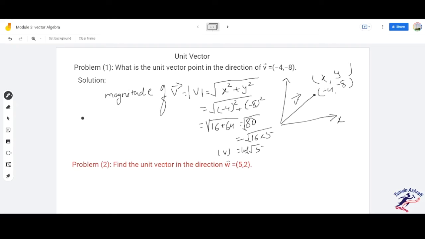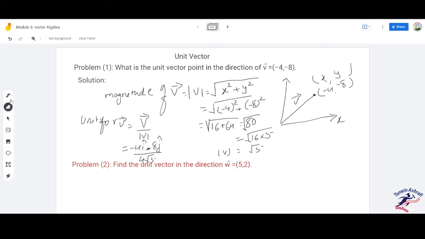Now, we wanted to find the unit vector for vector v, which is equal to vector v divided by its magnitude. Now what is the vector v? Minus 4 i cap plus minus 8 j cap. And what is the magnitude below? 4 under root of 5.